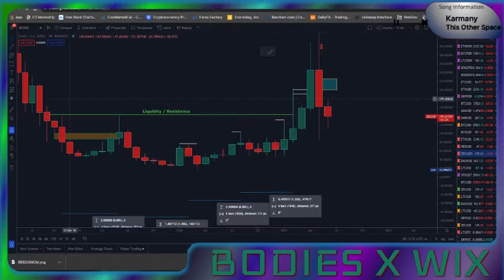It's creating this resistance line that's kind of fakeish, of course, but it's creating an area where there's liquidity above. So above here, where I put liquidity / resistance, is where probably a bunch of people have sell limits just below and buy stops just above.